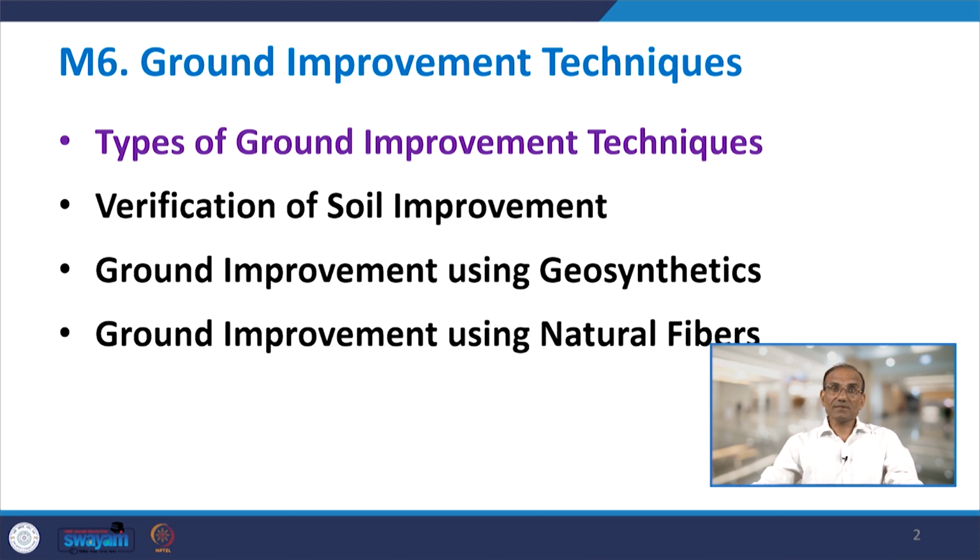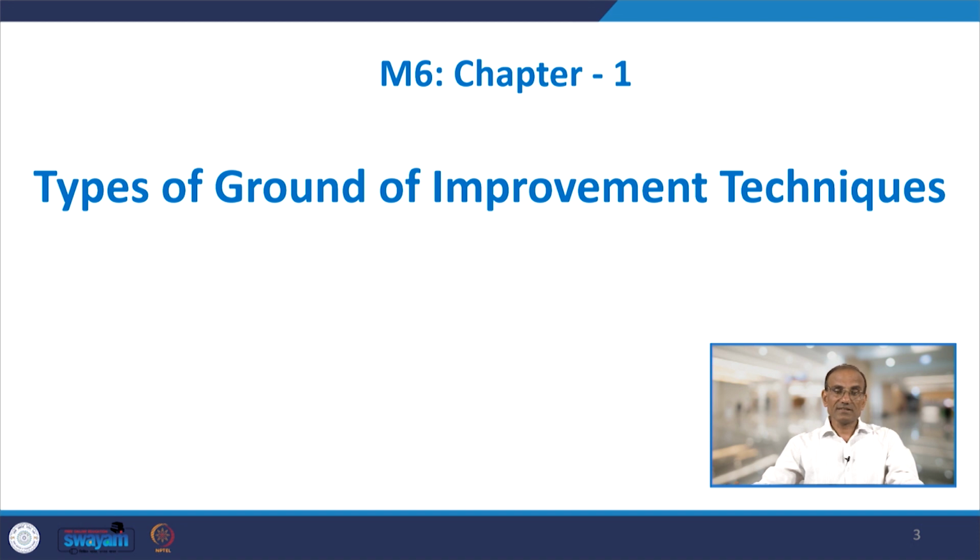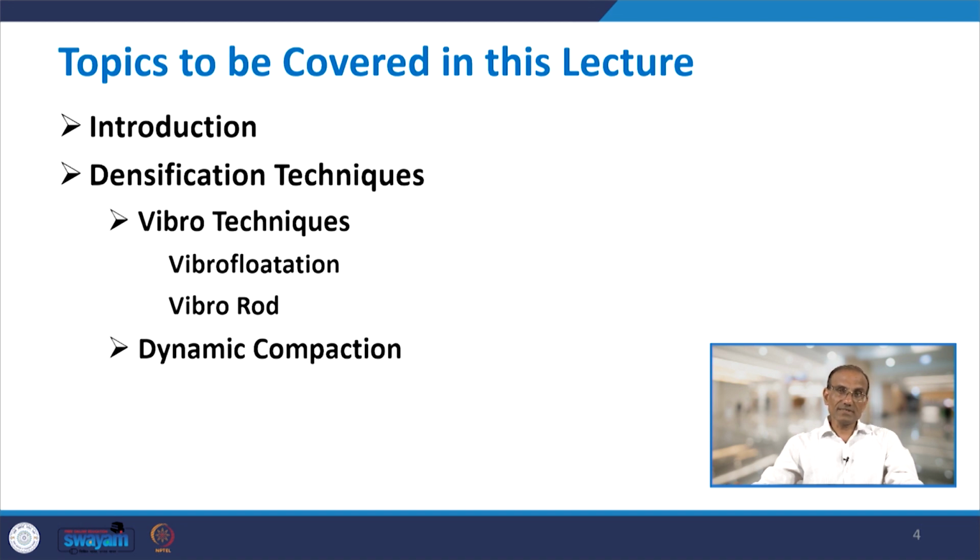Coming to the first chapter, types of ground improvement techniques, what is going to be covered in this lecture, that is lecture number 52. We will discuss the introduction part, that is what is ground improvement and what is its past history, how it has developed. During the introduction we also cover what different types of ground improvement techniques are available.